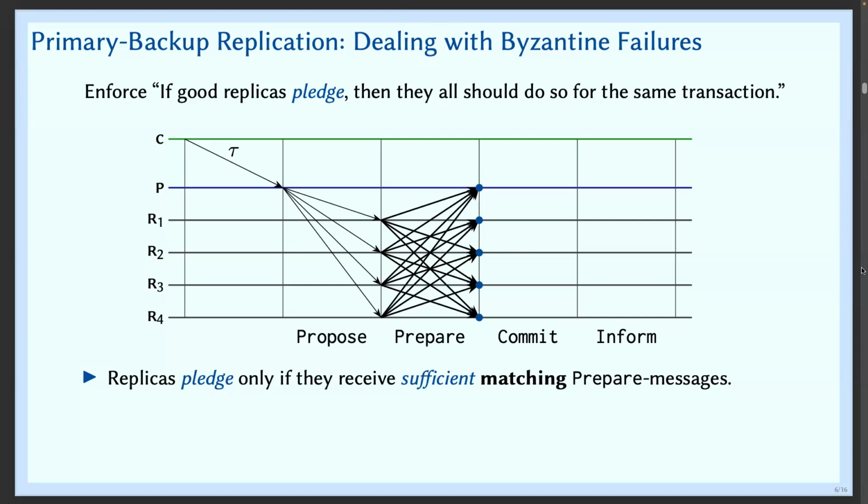When you say a majority, I form the quorum of the majority, that means the majority agree on something, not just that I got 2F plus 1 messages. These are 2F plus 1 messages that are matching, endorsing the same thing. I get to the prepared state when I hear from 2F plus 1 replicas that they all got the same message from the primary. I don't get to the prepared state just because I got 2F plus 1 arbitrary messages. So they have to be the same message.